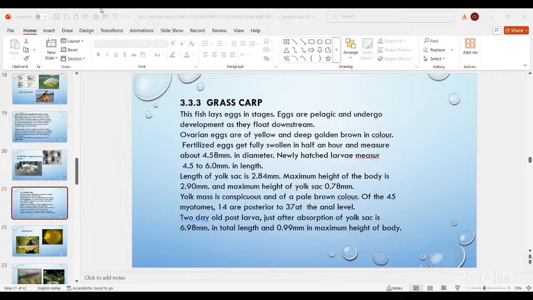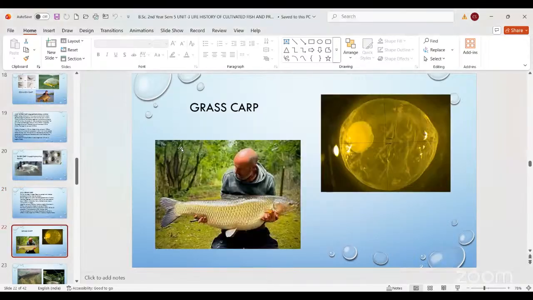A 2-day-old post larva, just after absorption of yolk sac, is 6.98 mm in total length and 0.99 mm in maximum height of the body. Let us see the picture of the grass carp.